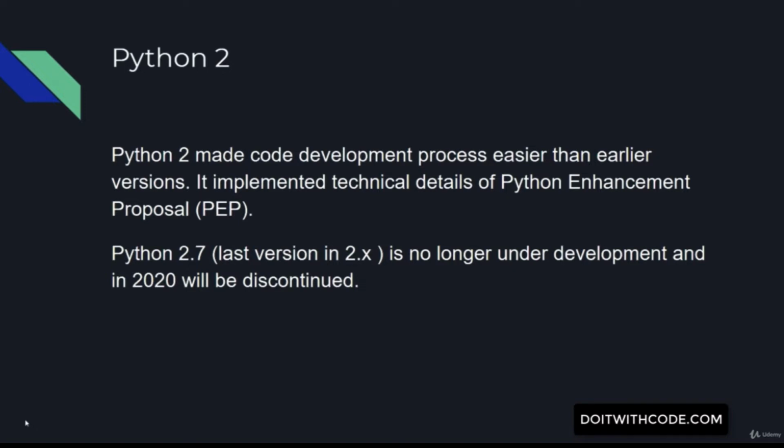As I already told you, 2.7 is no longer supported. It is the last version of Python 2, and in January 2020, that is this month, this version will be discontinued altogether.